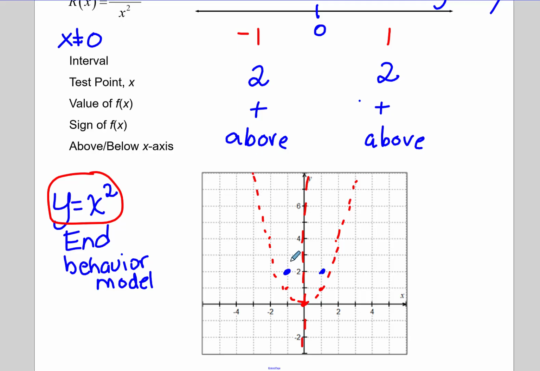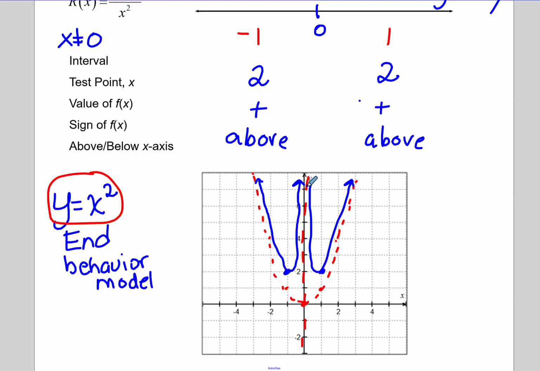And here's what's going to happen. This graph is going to come from positive infinity. It's going to touch the point (1, 2), and then not cross over the vertical asymptote at 0, like such.